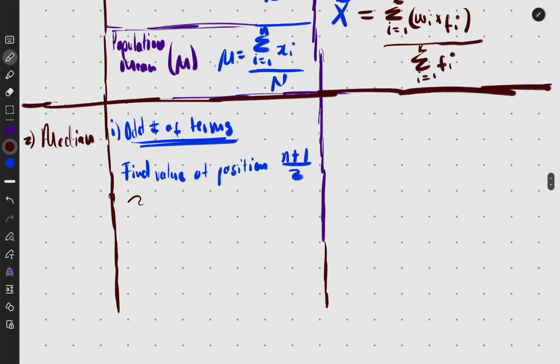Once you find the value at that position, the value is your median.